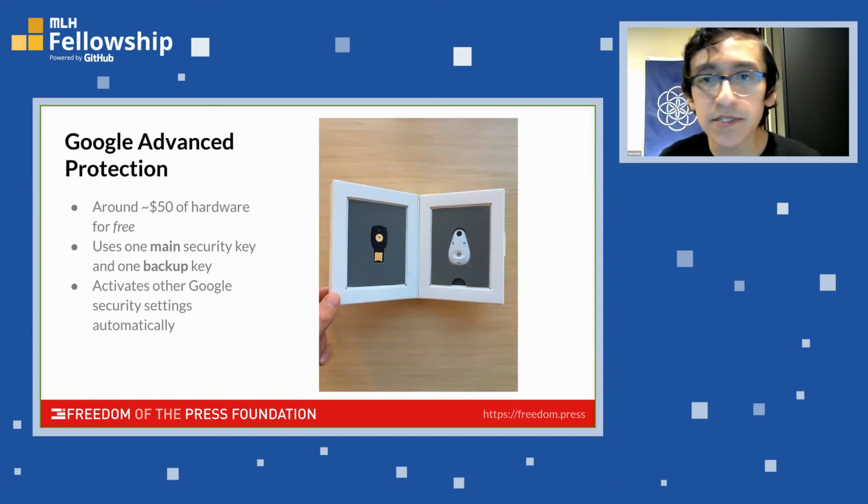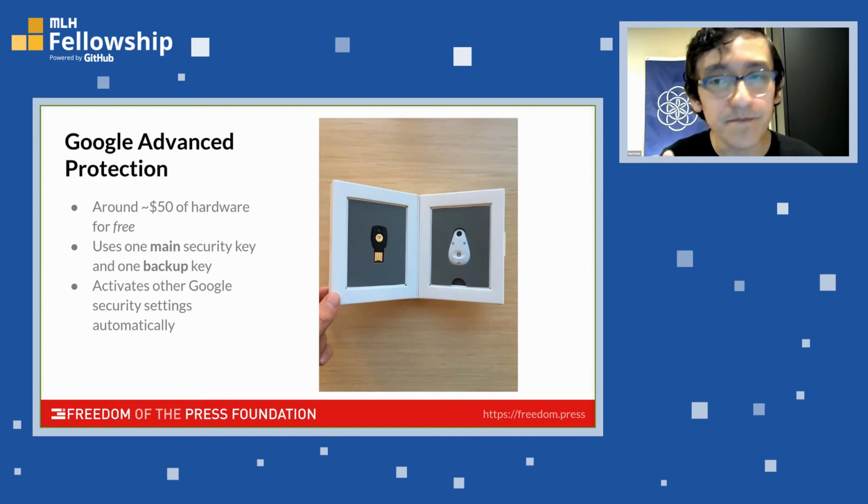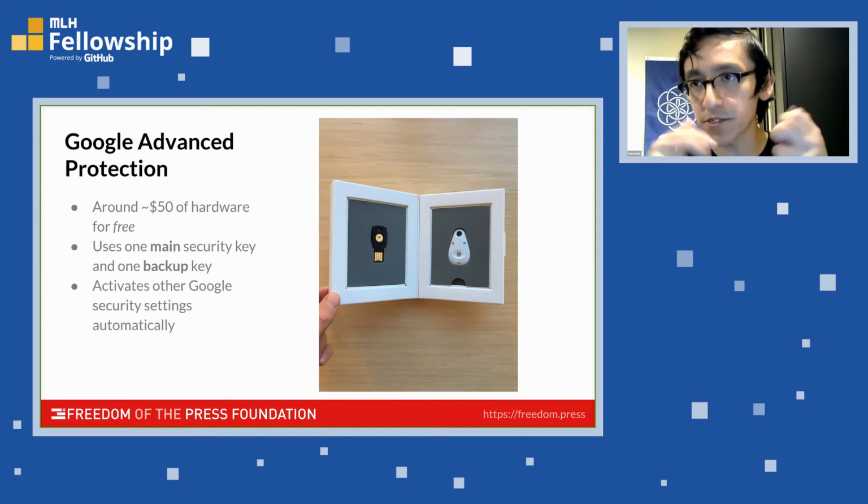The way this works is it automatically configures your Google account to have absolutely no way to access the data, even through third-party plugins, except by going through one of these two keys. These are very standardized U2F WebAuthn keys, but there's a lot of extra settings that happen when you switch on advanced protection behind the scenes that disable any other kind of 2FA.